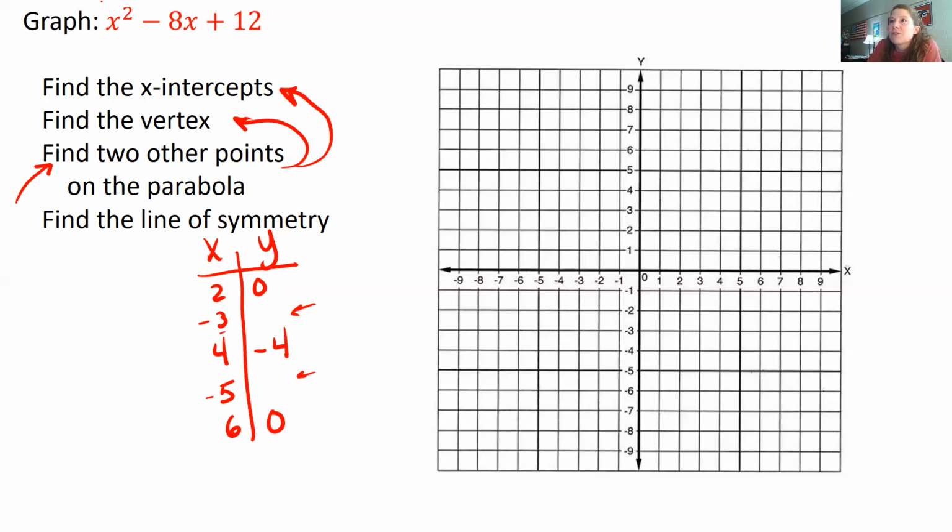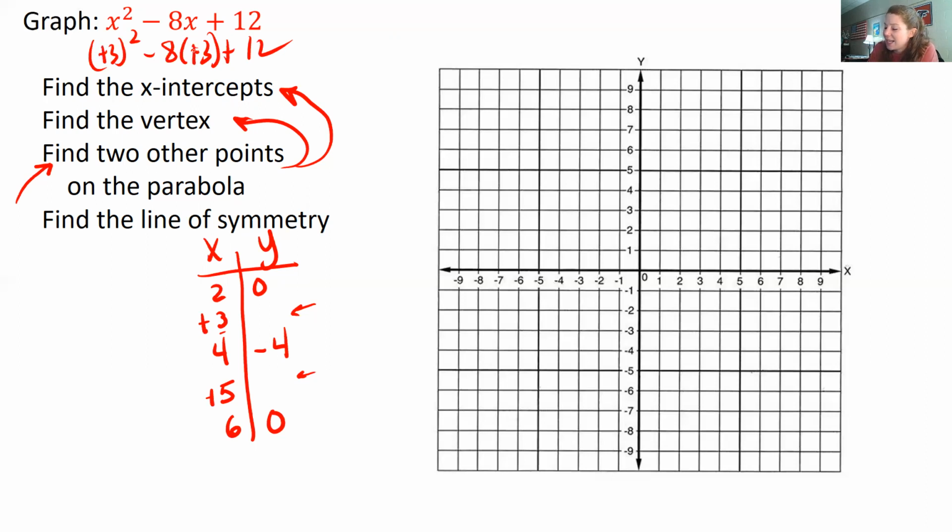So if x is 3, I'm going to plug in 3 squared minus 8 times 3 plus 12. So I know that's 9. Oh, it's positive. I'm such a dork, you guys. Positive 3.